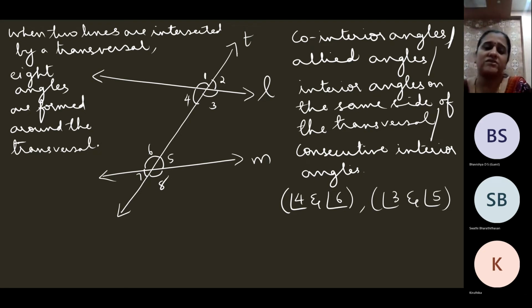Both 4 and 6 are interior and lie on the same side. 3 and 5 also. Such pairs of angles are called co-interior angles, allied angles, or consecutive interior angles.